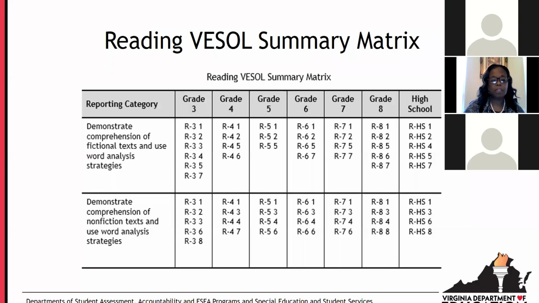And then 5 VESOLs that are going to focus on the comprehension of nonfiction text. So you're going to see that same pattern across all of the grade levels. And again, this is just a sample, but you would see in the document a summary matrix for reading, 1 for math and 1 for science.